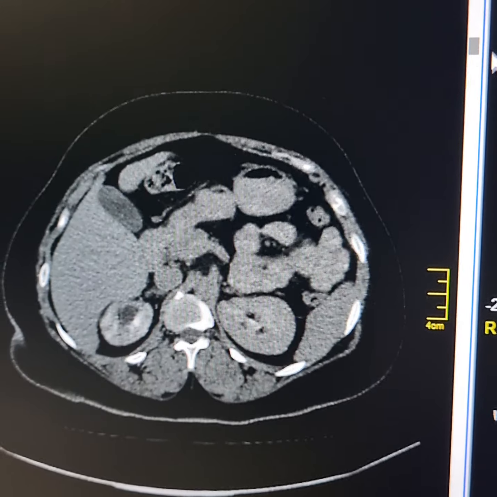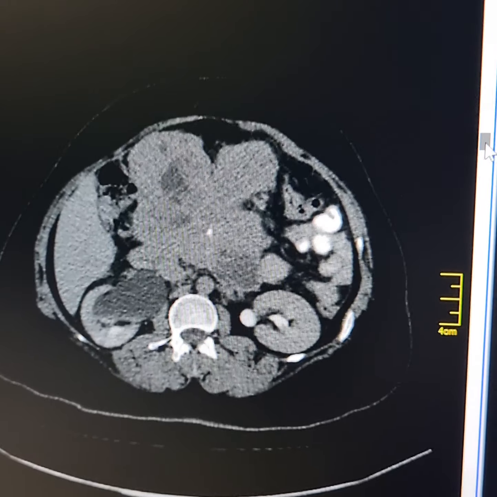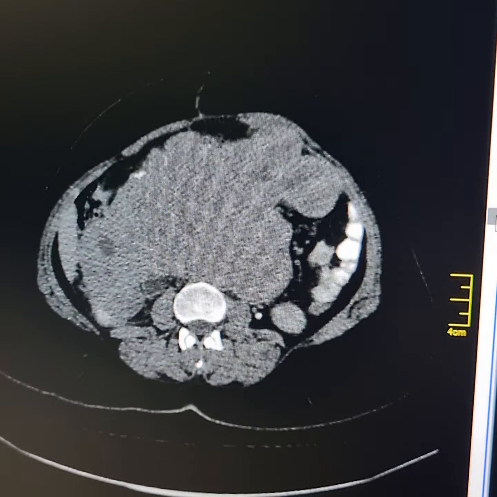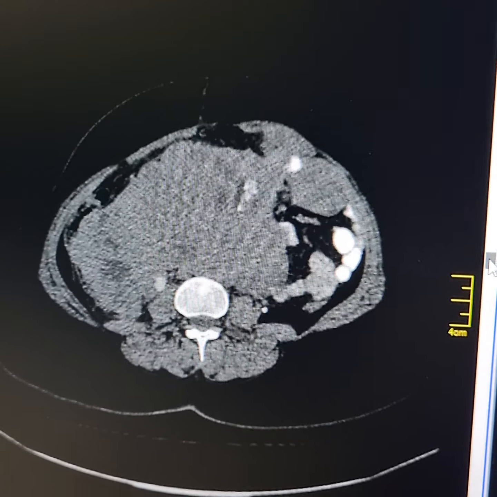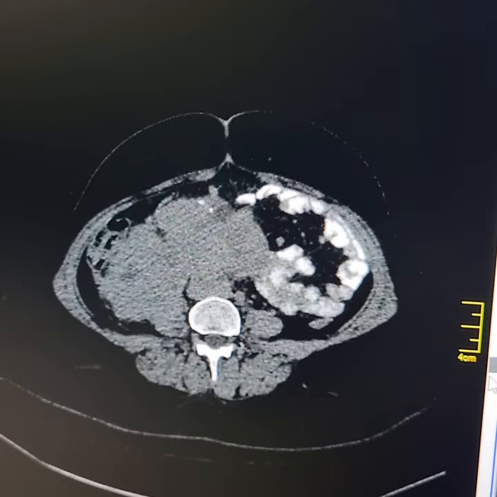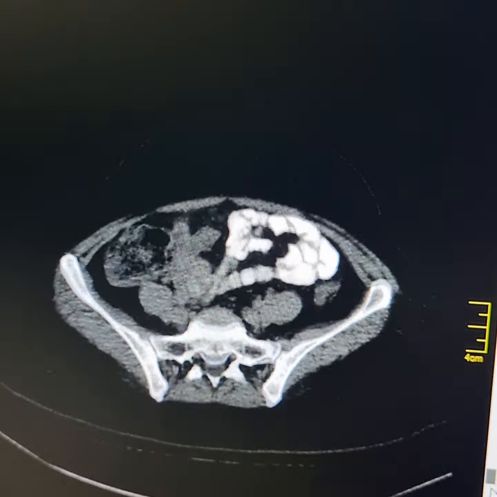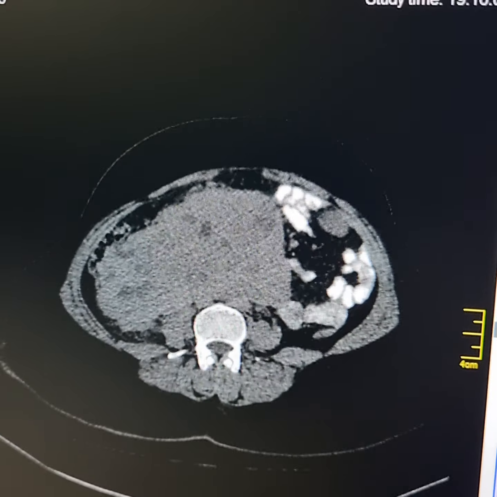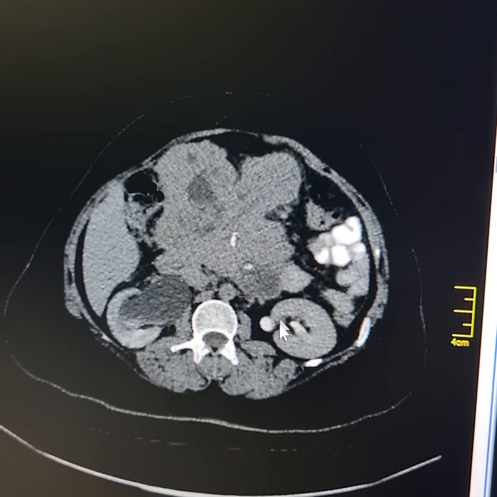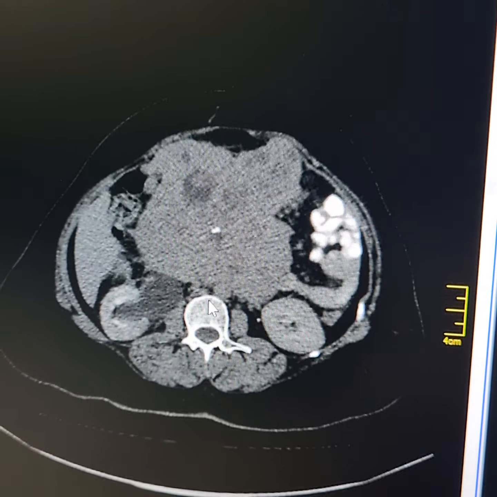So, whenever you find it difficult to comment whether it is an intraperitoneal mass or a retroperitoneal mass, one must always see the integrity of the retroperitoneal structures. Normally, intraperitoneal masses do not behave this way.